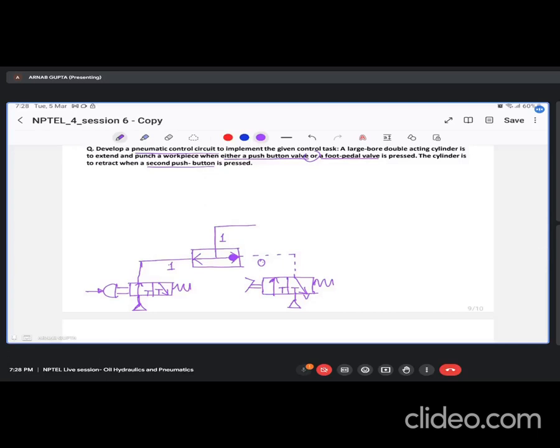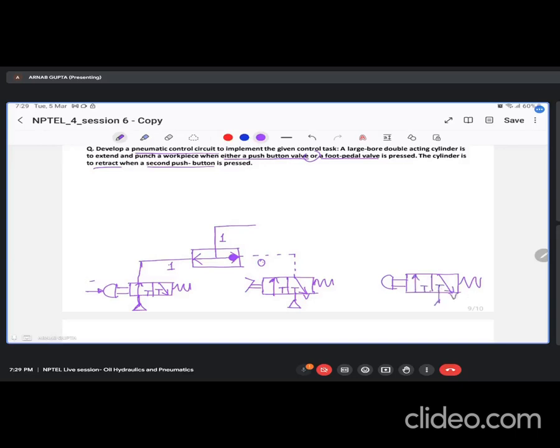Now you have said that for the retraction stroke, there is a second push button. So this is your second push button, and this was the first one. As I said, the extension stroke is running, so retraction should be in the null position at that time.